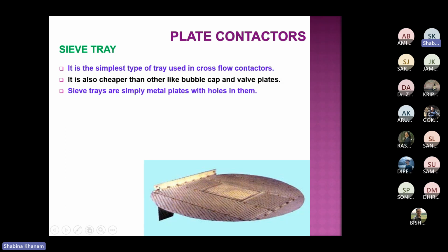Similarly, we can have some sections of metal sheet where we do not allow holes to be made, because otherwise we can have vapor movement from there also, and it will again take the liquid upward and put hindrance in the movement of liquid to the downcomer. So all these sections have certain calming zones.